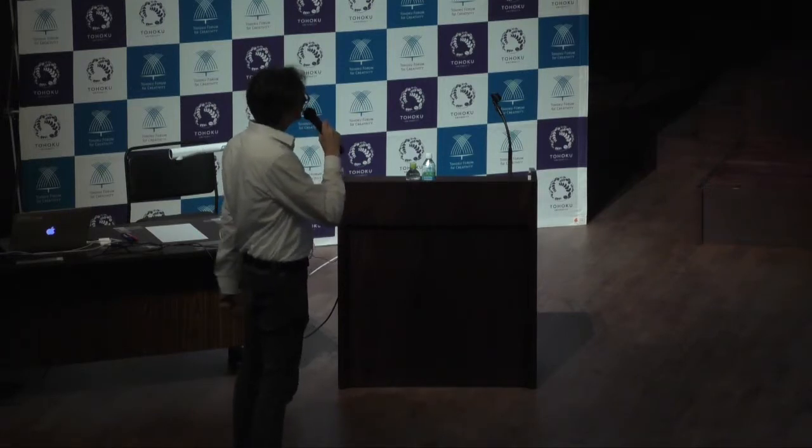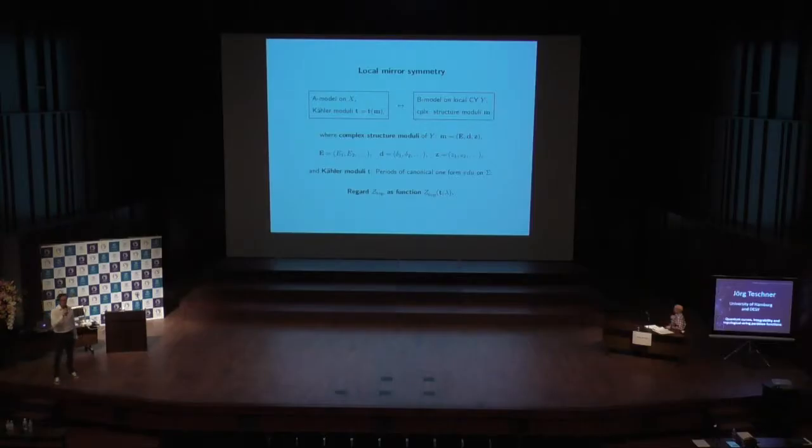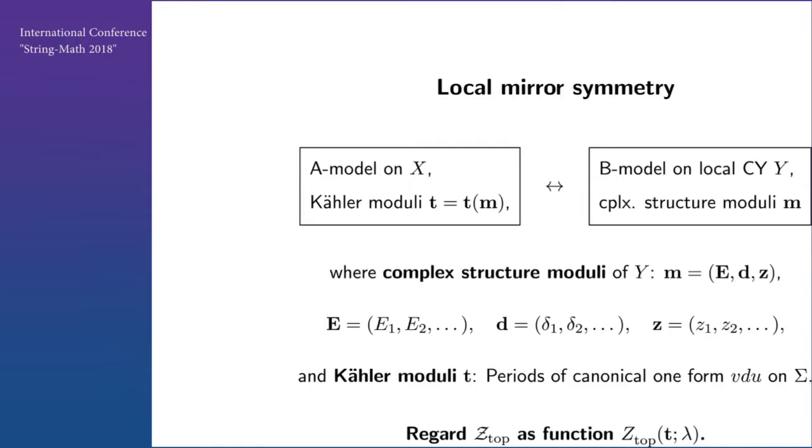Let me remind you of another thing that is well known, which is useful for setting up relevant notation, which is local mirror symmetry. I've been describing the representation in what is called the B model, that is, as a complex curve.